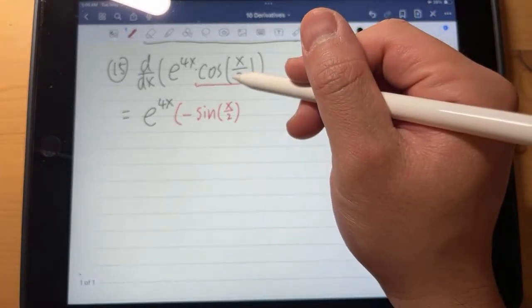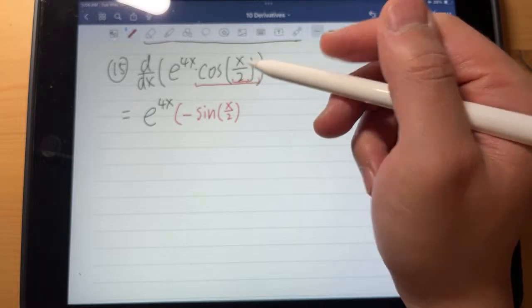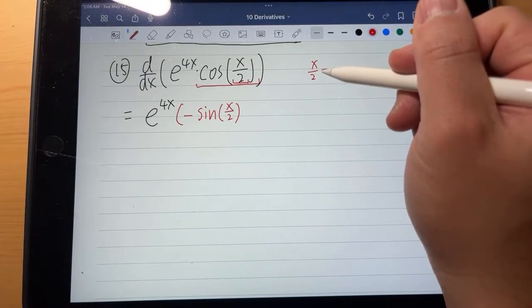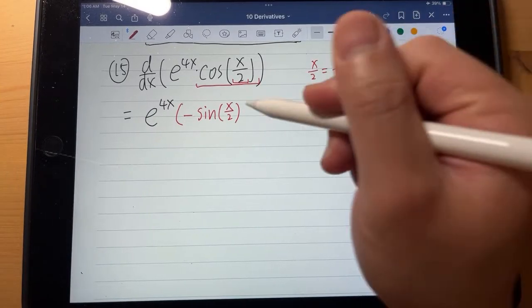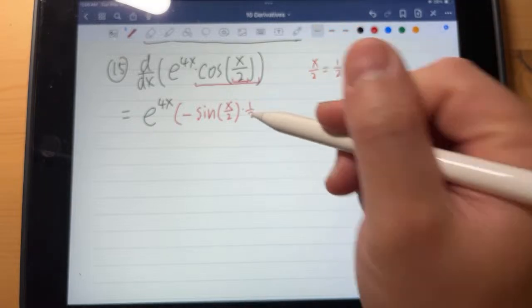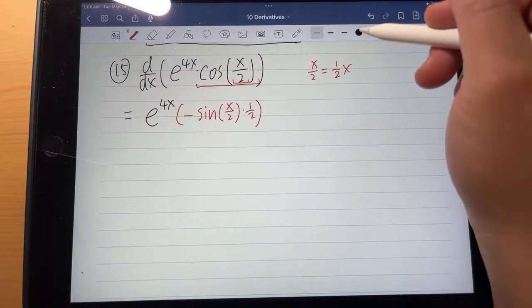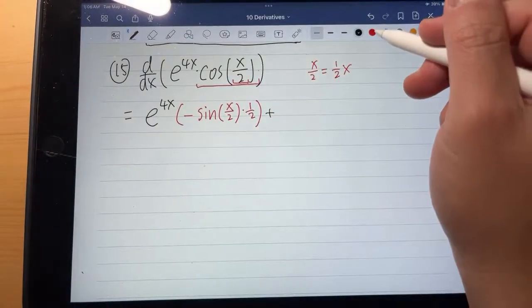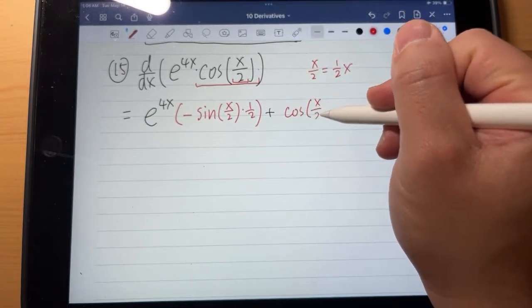But look at the derivative of the inside. Derivative of x over 2. X over 2 is the same as 1/2 times x. So the derivative of this is 1/2. You need to multiply by this 1/2 because of the chain rule. Then we are going to add the second function, which is just cosine of x over 2.